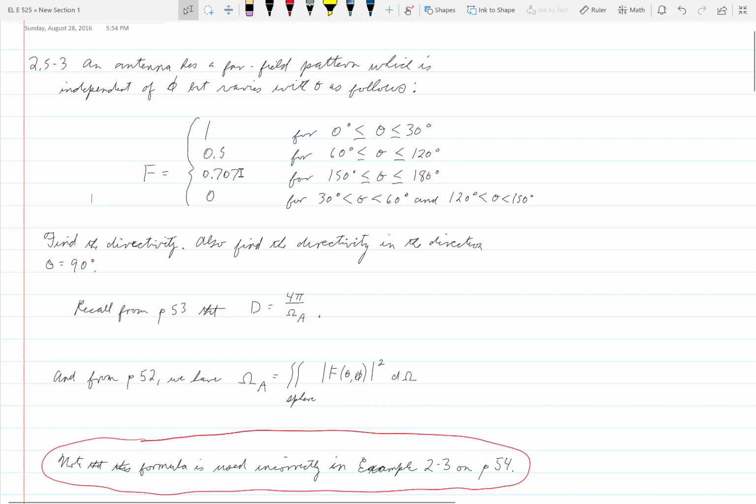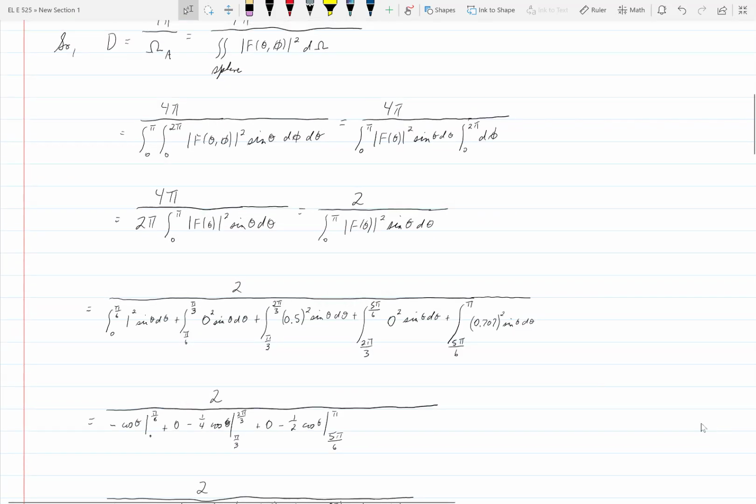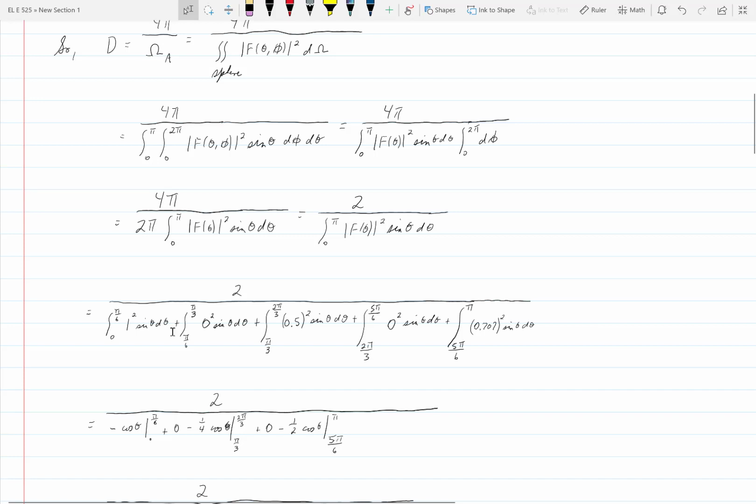This is square root of 2 over 2, or 1 over square root of 2. So when we square that, we'll get 1/2 in this region, and then 0 in these regions. So we just need to remember that as we write the integrals. And here that's done, and we have changed all the angles to radians. And you can see that f is being squared in each case, and then multiplied by sine theta d theta, and then integrated.